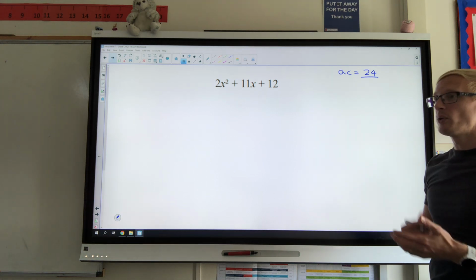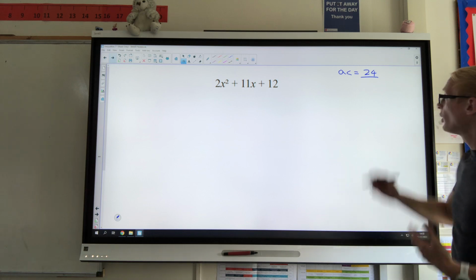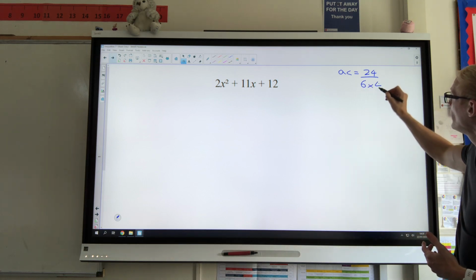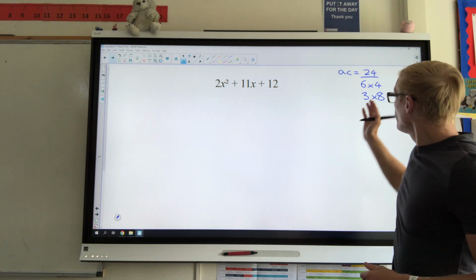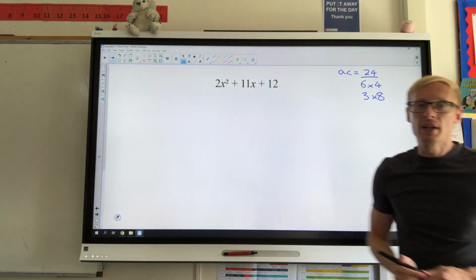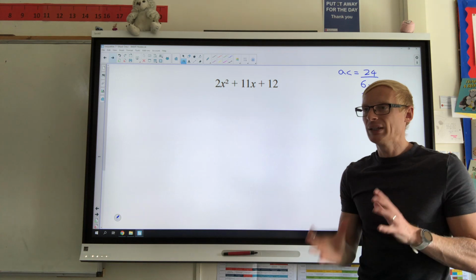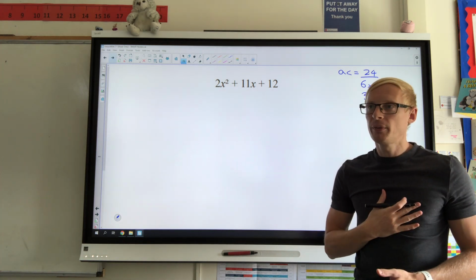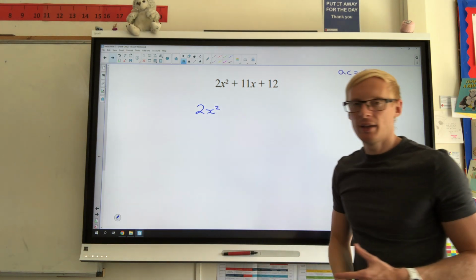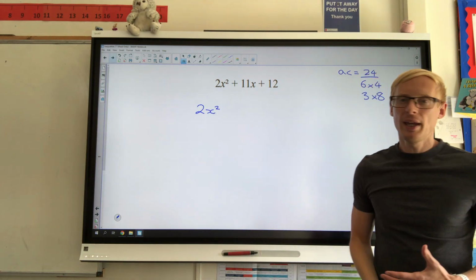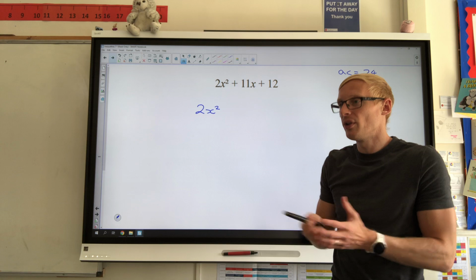So I can go through that process and I can try and figure out what those numbers are. You could write a couple of pairs down if you want, but we should be looking at 8 and 3 there. Now, when I split this middle term into the 8 and 3, as I said to you before, it doesn't matter the order in which you do that, but for me, I'm thinking about, if I've got 2x squared here, I know my factorising initially is going to involve 2, the number 2.